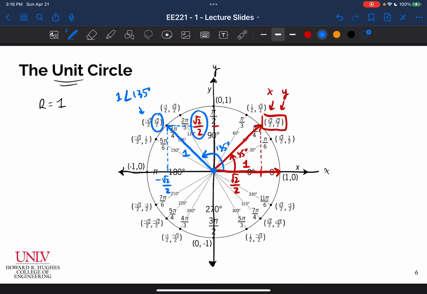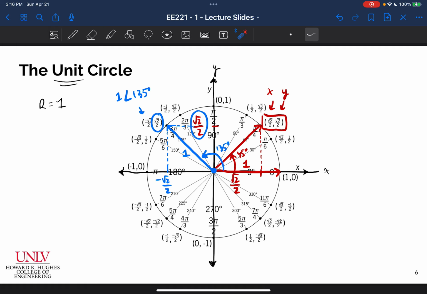Okay? And so this is what the unit circle is describing. If I go around the unit circle, I can look at any given point on the circle, and not only do I have its xy coordinates, but I also have its angle and its magnitude, because we know the magnitude of every single vector on the unit circle is just a length of 1, because the radius of the unit circle is 1.